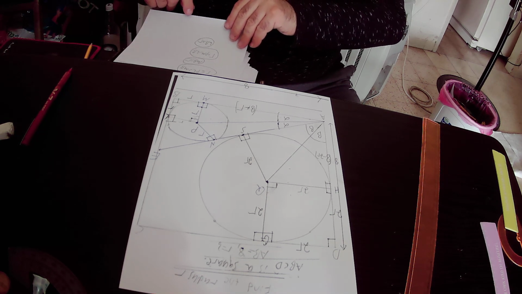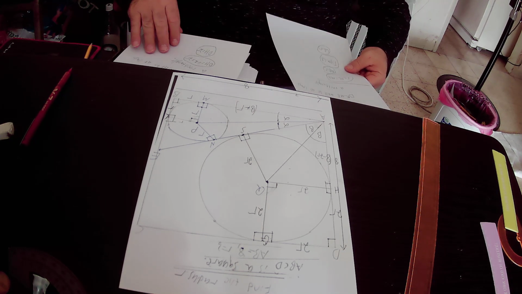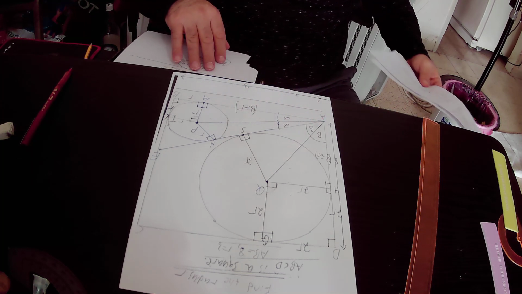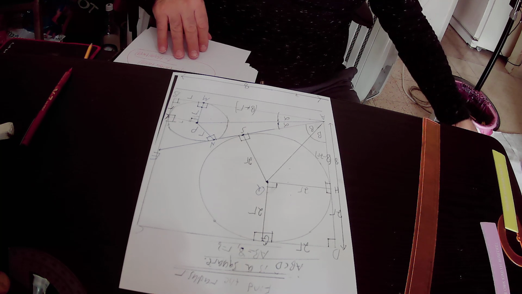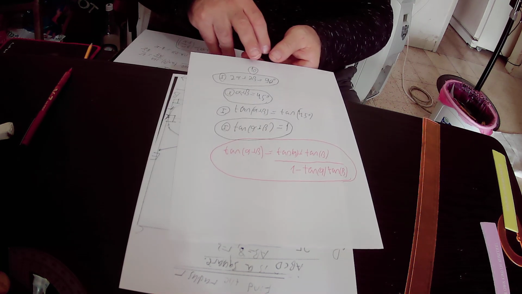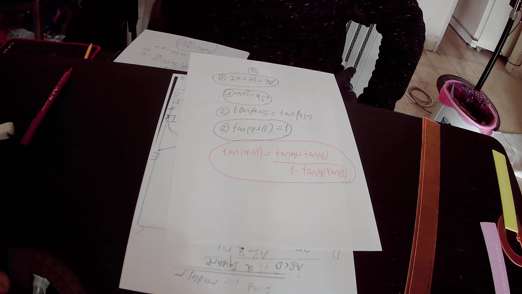So 2 alpha plus 2 beta equals 90 degrees. We divided this equality by 2, and we got that alpha plus beta equals 45 degrees.